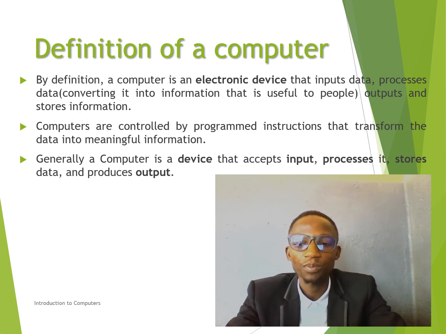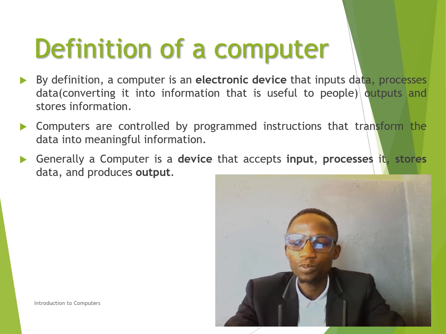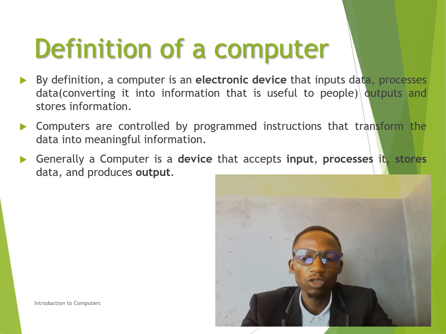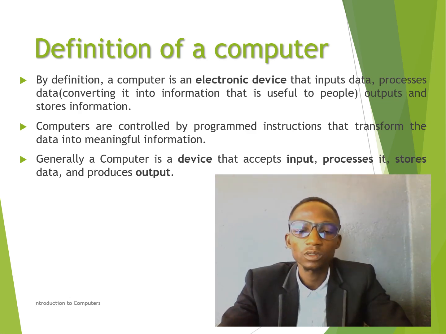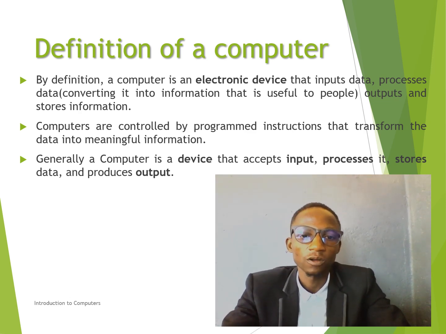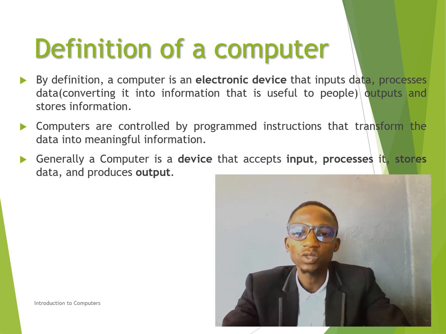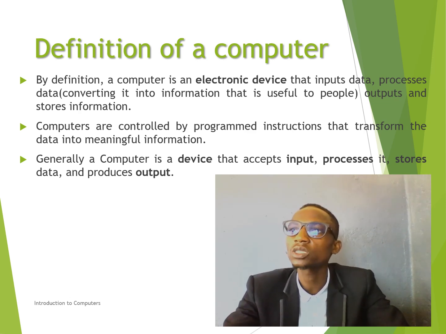So a computer processes data in the form of input and produces an output in the form of information. Information is said to be meaningful facts from the data that is processed. Computers are controlled by programmed instructions. These programmed instructions, we call them software.